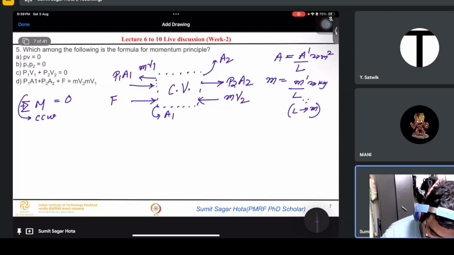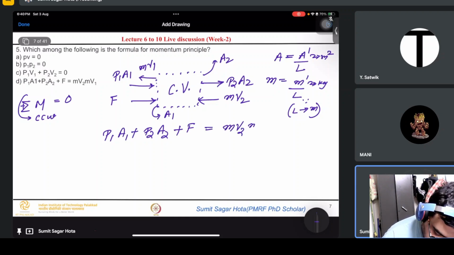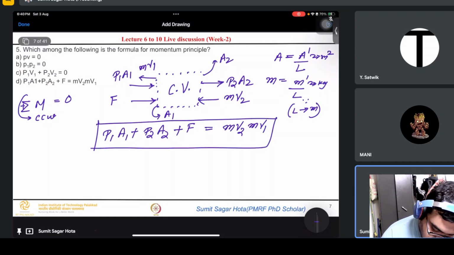So directly write down P1A1 plus P2A2 plus F gives rise to mv2 minus mv1. This is the formula for your momentum principle. We can go for the next one.